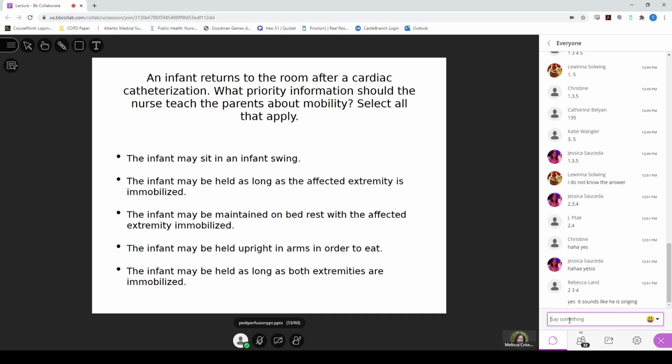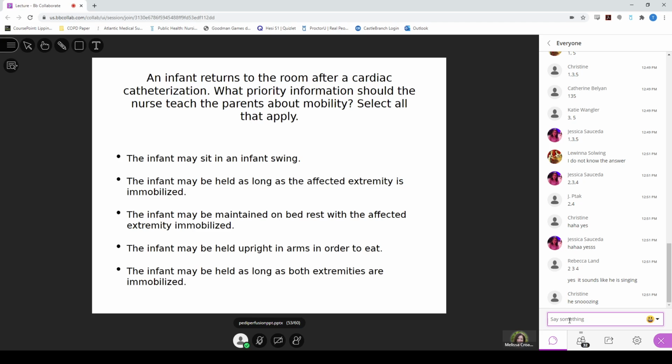Okay, so let's go at them one at a time. So you wouldn't want the infant to sit in a swing, right? Sitting up, if he's had a cardiac catheterization and you've gone in the femoral artery, you sit up, you put pressure on that artery, right? So you need to be able to stop the bleeding and make sure that it clots off well. So no sitting up in the swing.